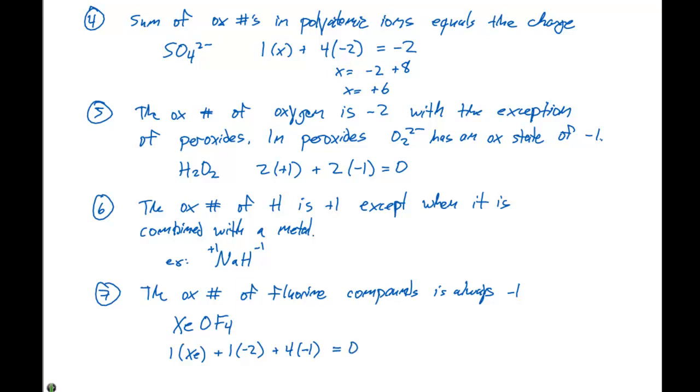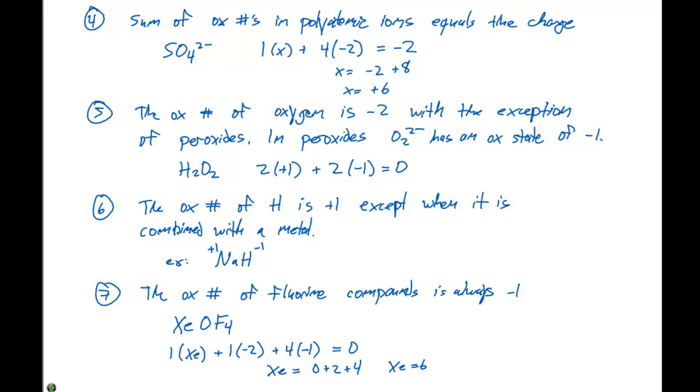This has to sum up to equal 0. So our oxidation state of xenon is going to be 0 plus 2 plus 4, or our xenon oxidation state is going to be 6.